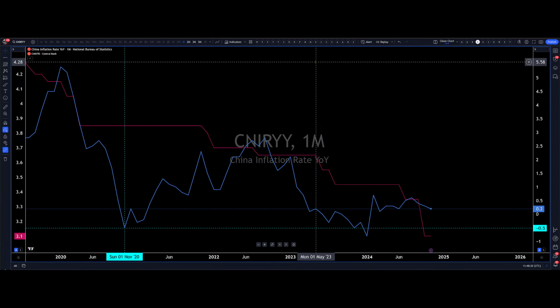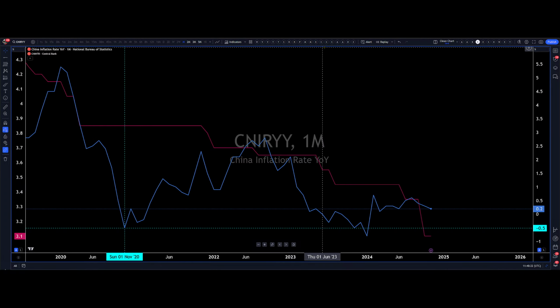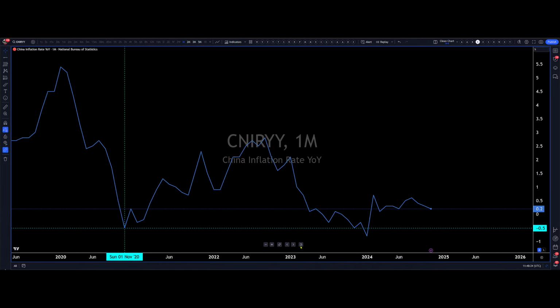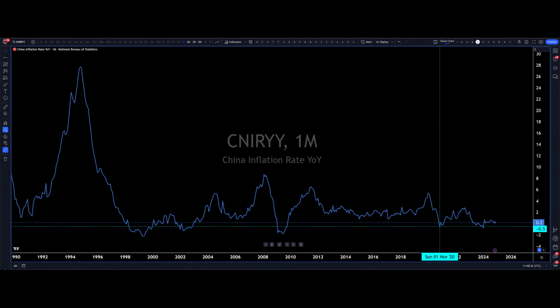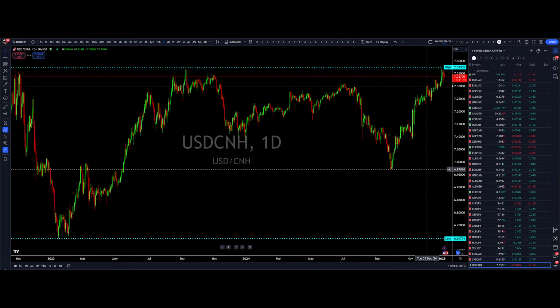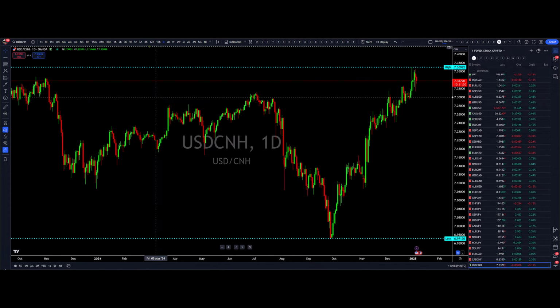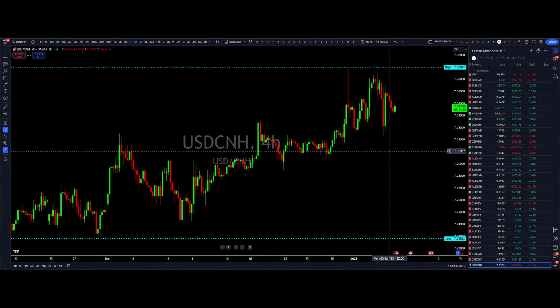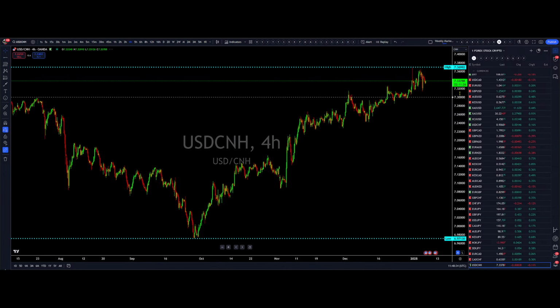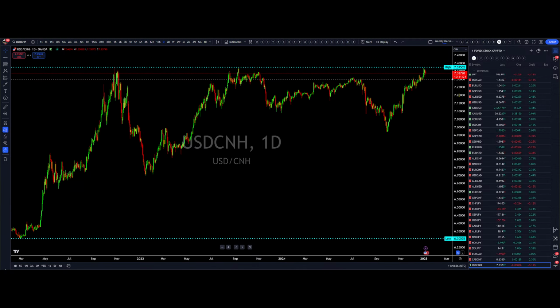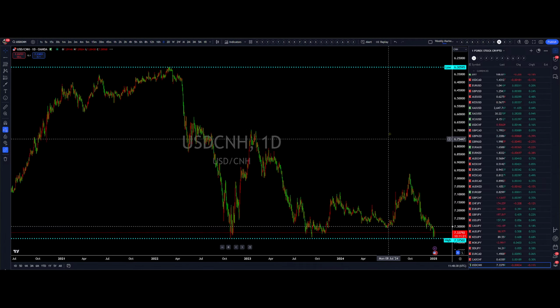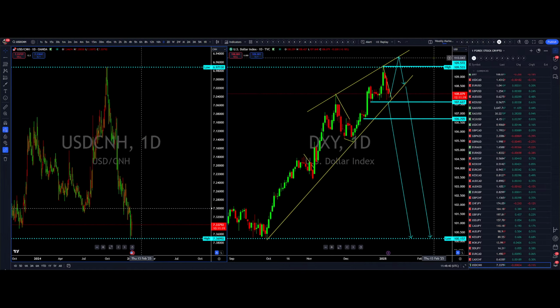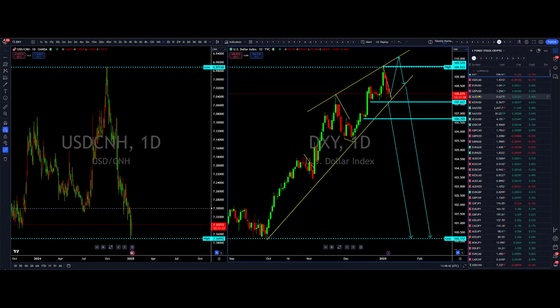Which is actually putting pressure on the Australian dollar to stay under pressure. That's the main reason for the Australian dollar. Also we can see that the dollar has gone much higher against the Chinese yuan. If I invert that chart, I'm going to pull out the Australian chart on the right side.